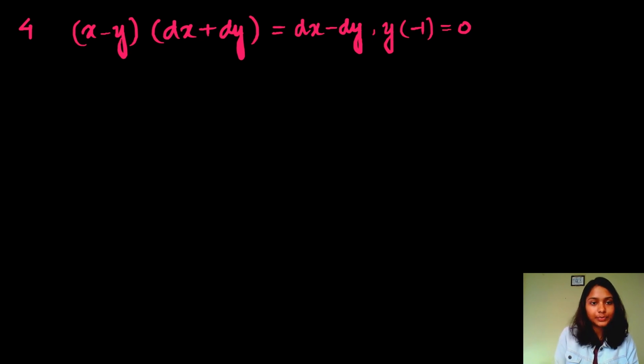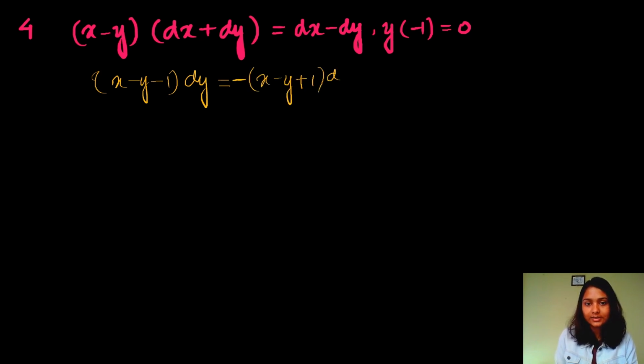Now moving to the last problem. Here this problem is not explicitly in the form dy dx equals to f of ax plus by plus c, but we can reduce it to that form. Here we have (x minus y minus 1) dy and (x minus y plus 1) dx. Wait, let me erase it.